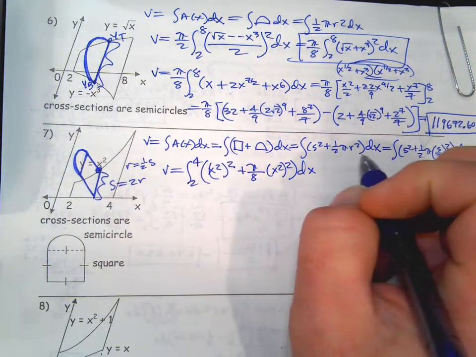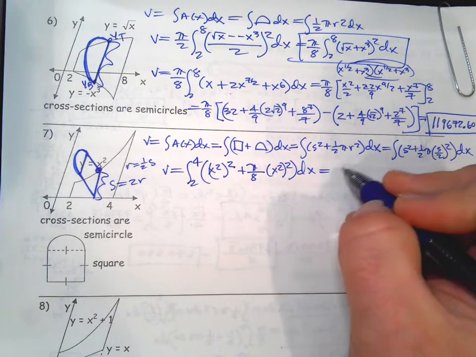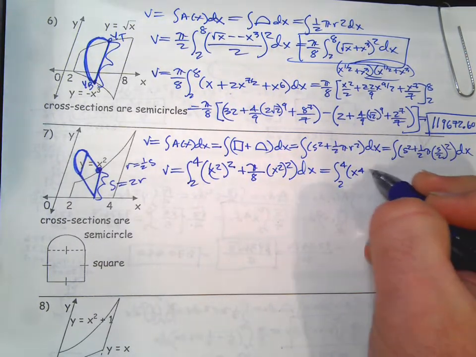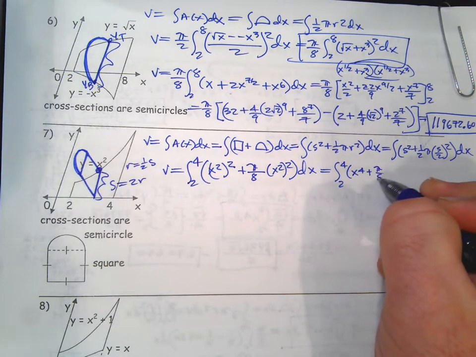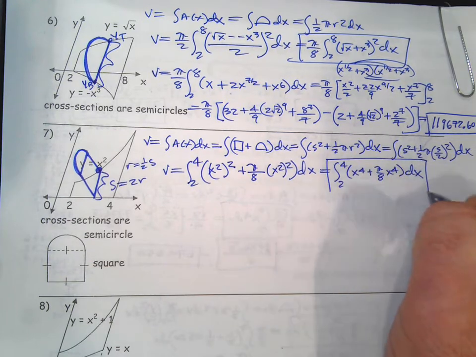So we're getting close to it. I guess that could be your setup, but you can simplify this a little bit, which would make it easier to type in anyway. So it'd be x to the 4th plus pi over 8 x to the 4th. So this is what you could enter in your calculator. That's your setup.